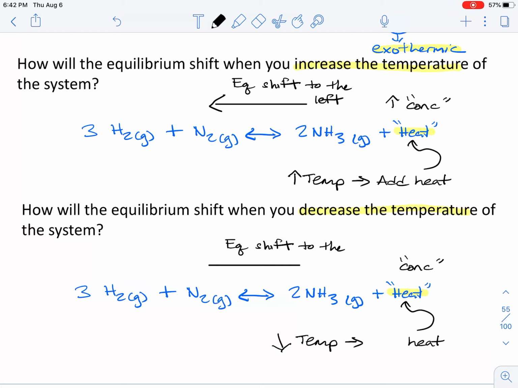And so if we decrease the temperature of the surrounding, heat is going to escape from the system, which is the chemical reaction, to that of the surrounding. So there's a loss of heat. And so overall, the concentration of heat is going to decrease. And so to replenish the heat that was lost, the equilibrium is going to shift to the right.